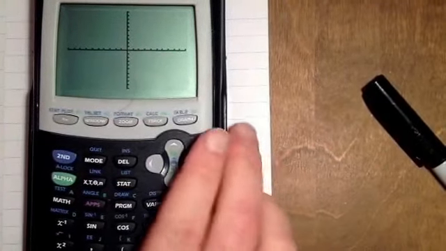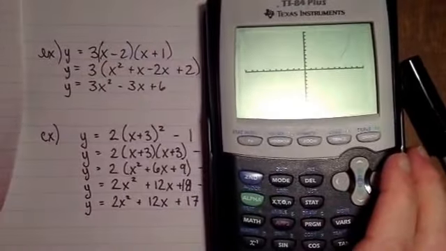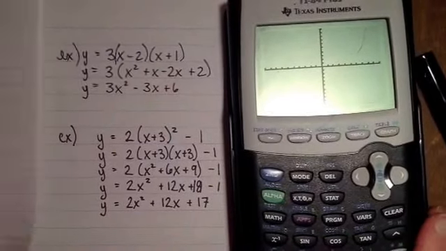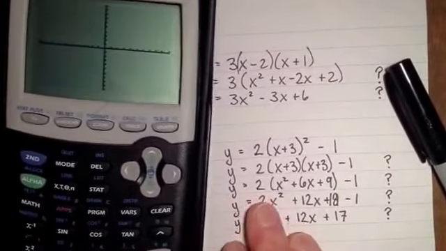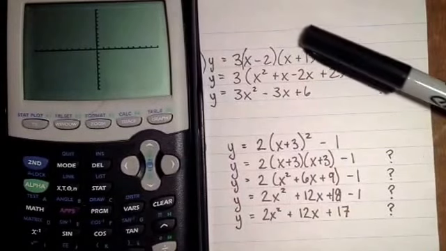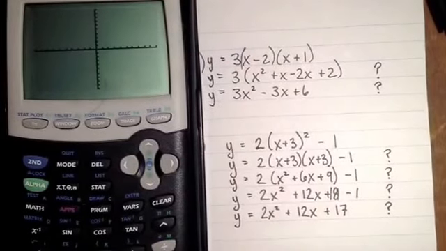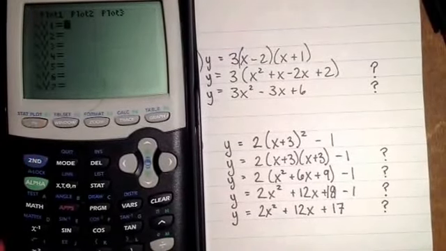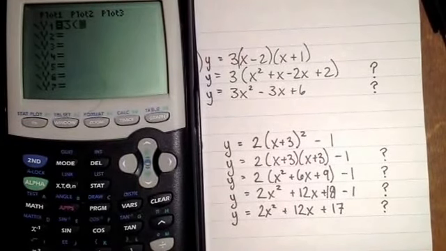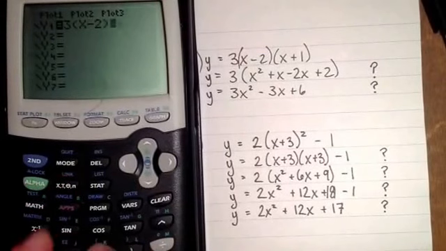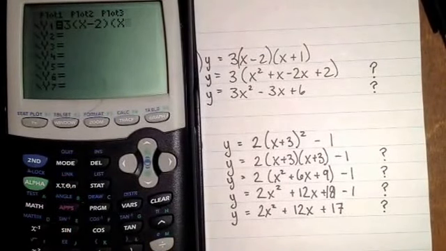Okay, so here's the question. Are these two things the same? Did I correctly simplify this first line to get the last line? In my y equals, I'll put the first line in the first one, x minus 2 times x plus 1.